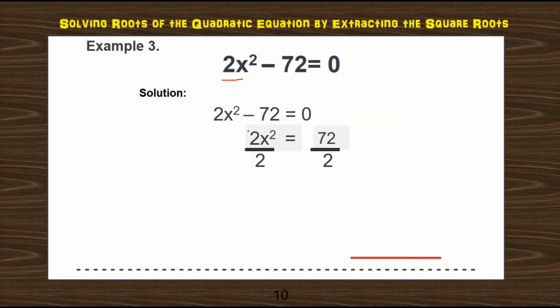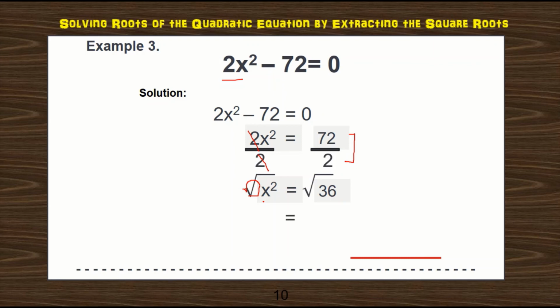So, divided both sides by 2, cancel si 2, cancel din si 2. So, ano ang matitira? X squared is equal to, and then divide mo yung dalawa. 72 divided by 2, that is, very good, 36. Okay, so kapag meron na tayong x squared, na wala na tayong constant term dito except 1, pwede na tayong mag square root both sides of the equation.